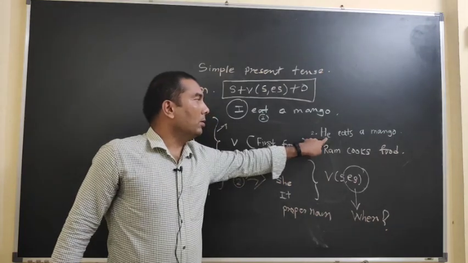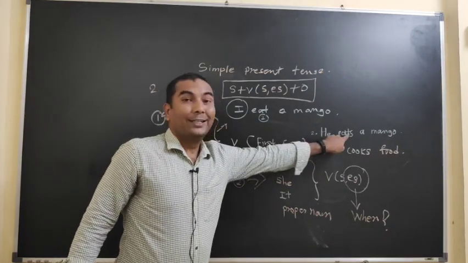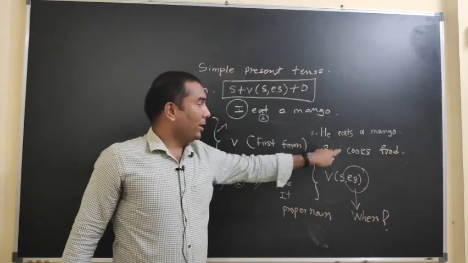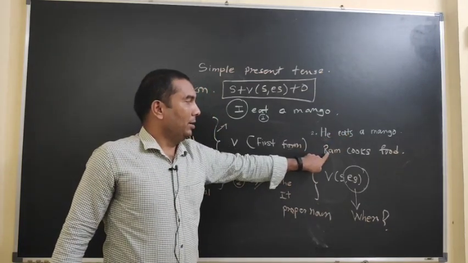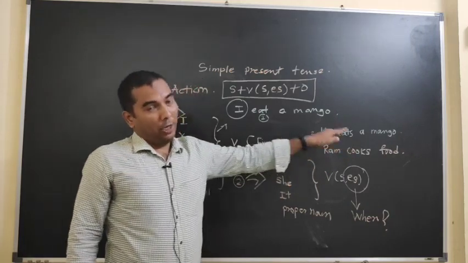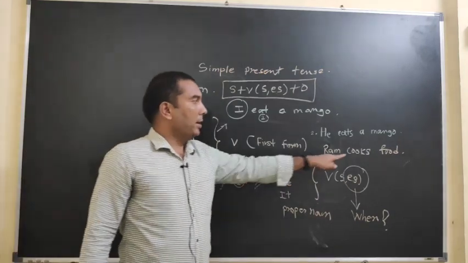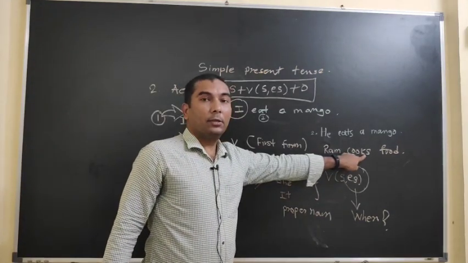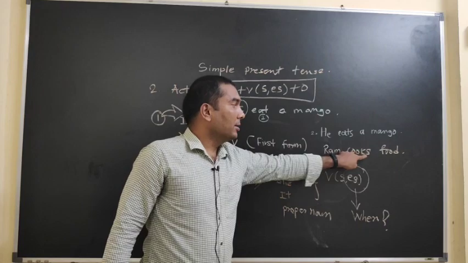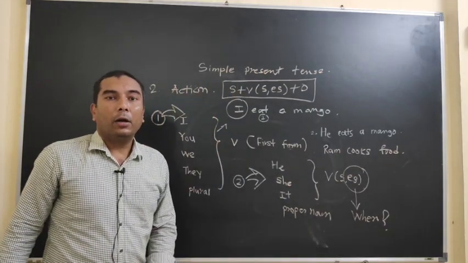It is a pronoun, but it is a subject in the sentence, so I have put yes to the main verb. Then second example, Ram is a proper noun. In front of that, I have used cook as a main verb, so I have put yes as a suffix and food as an object.